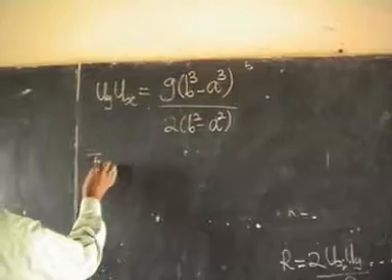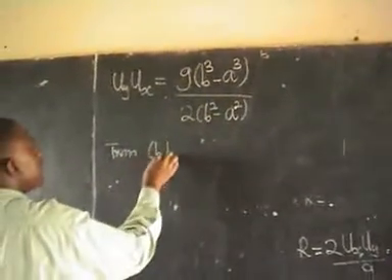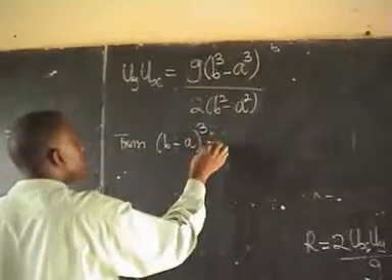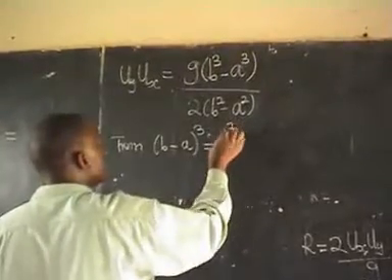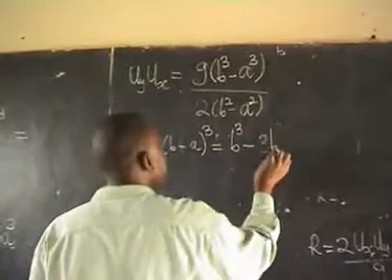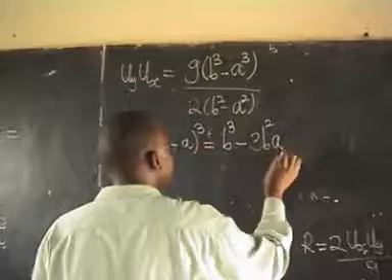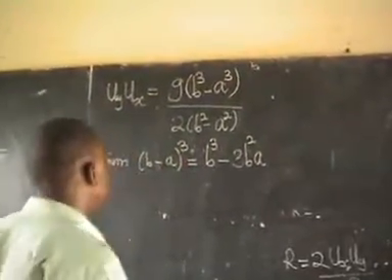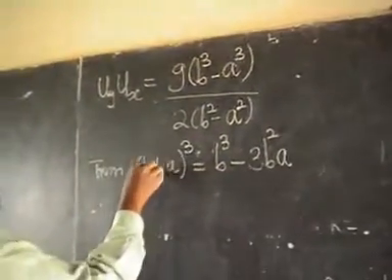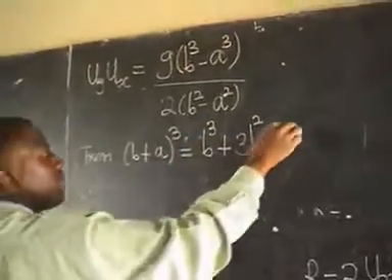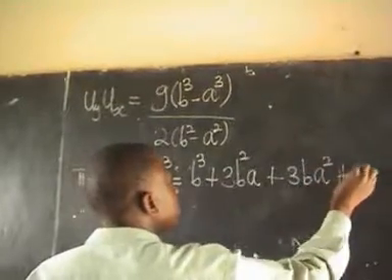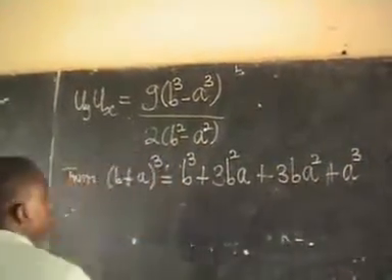Now from b minus a cubed is equal to b cubed minus 3b squared a, let's first put a plus so that we don't make a mistake, plus 3b a squared minus a cubed, so we can deduce what b cubed minus a cubed is.